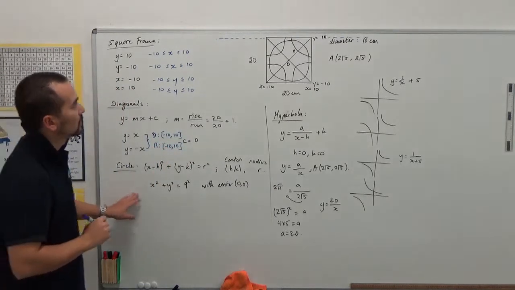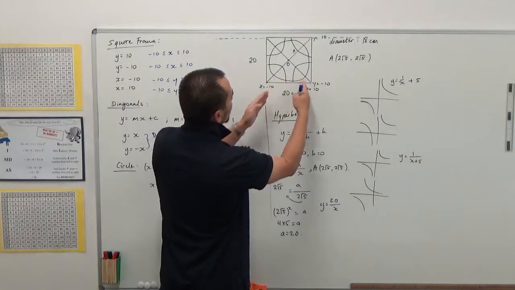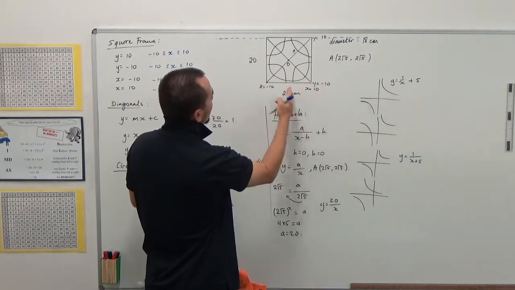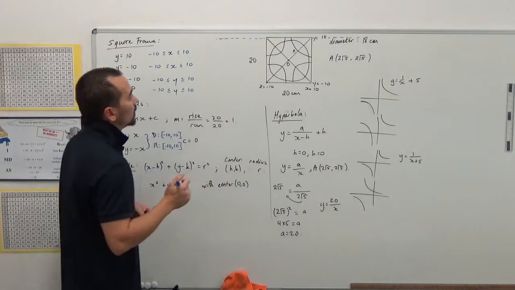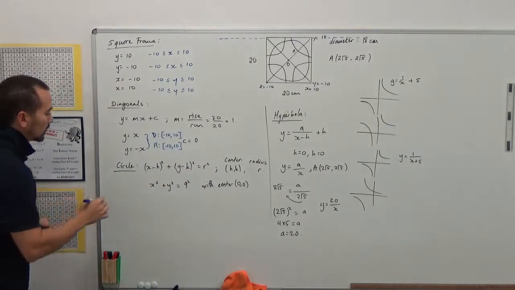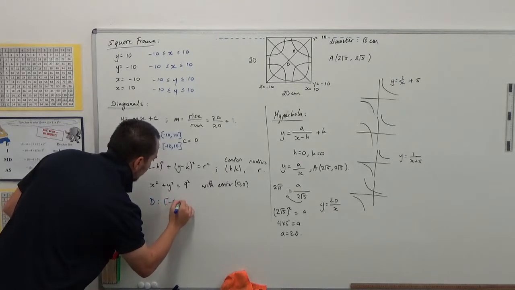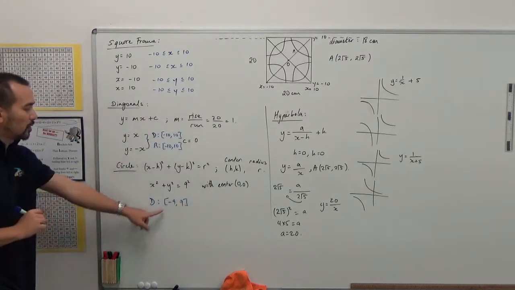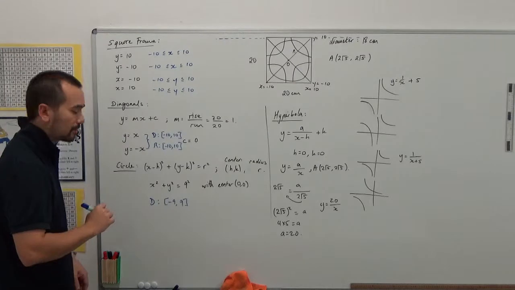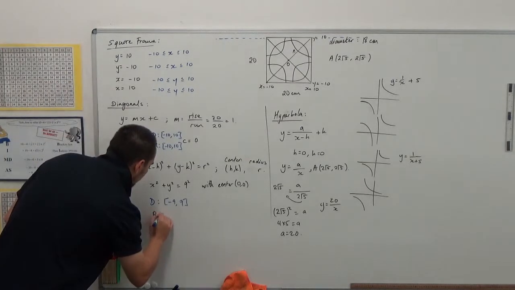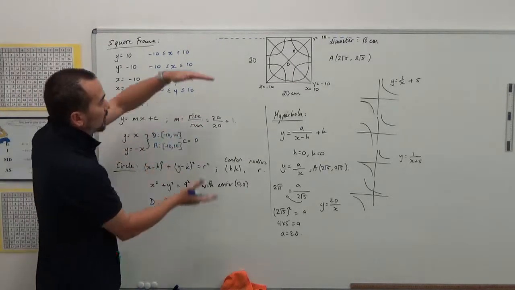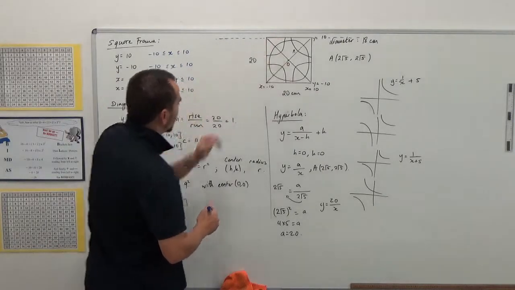The circle stretches as far to the right as 9 and negative 9 to the left. So the domain here would be negative 9 to 9, using square brackets, which means inclusive. And the range talks about how high it goes. That's also negative 9 to 9.